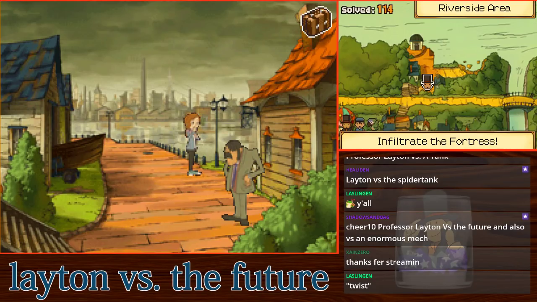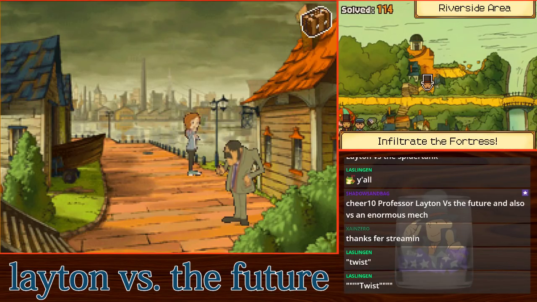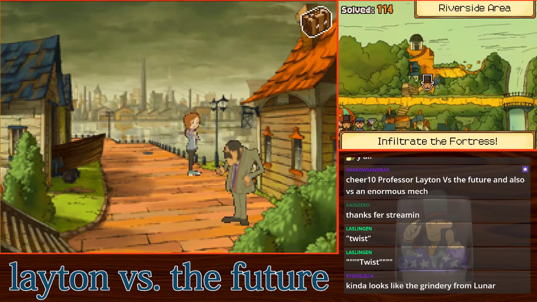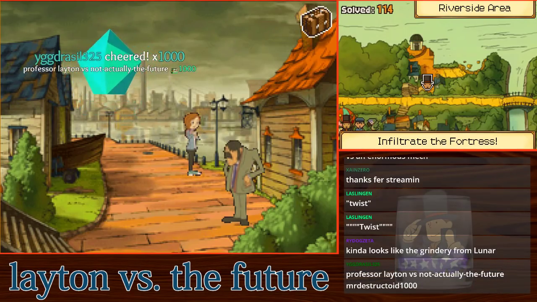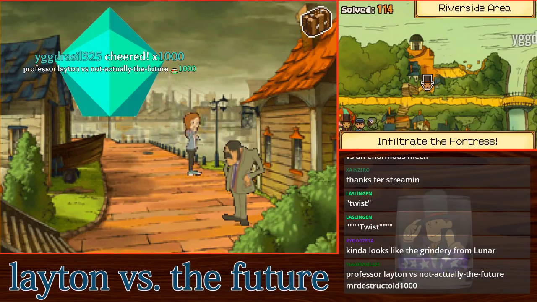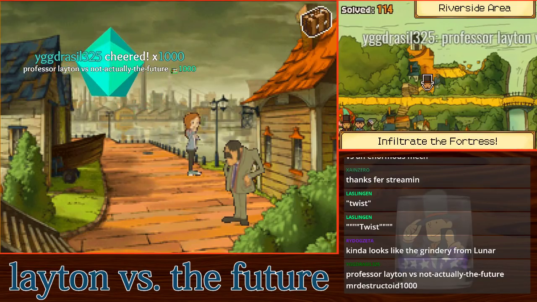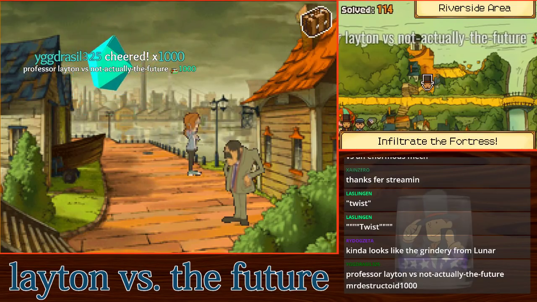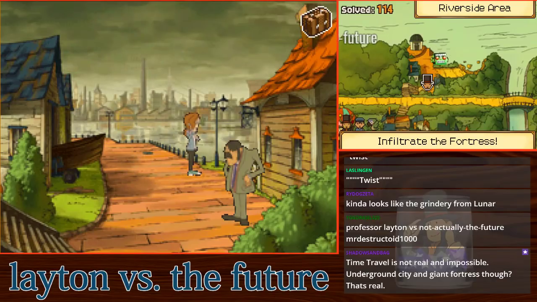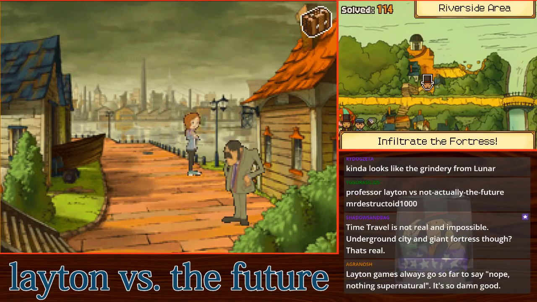I love there is a damn fortress underneath London. Hidden in the core of the earth that they've been working on. It's not a time machine, it's Metal Gear. How did you not see this coming? That makes way more sense. Thank you, Jaziel. Professor Layton versus not actually the future. It's not the future! We're not fighting the future, we're fighting the present. Man's inhumanity to timelines.